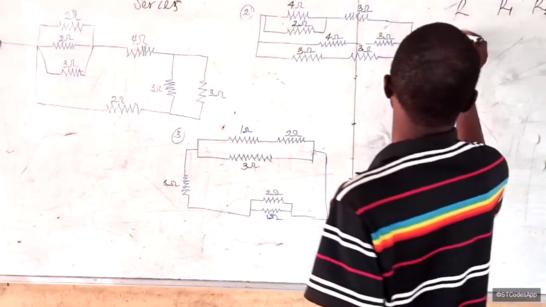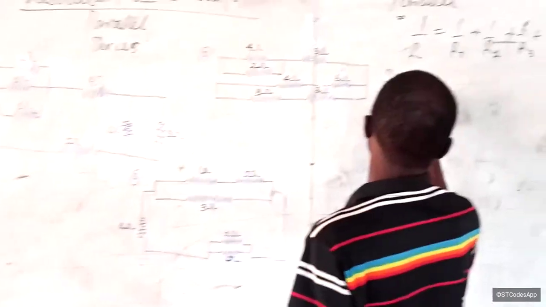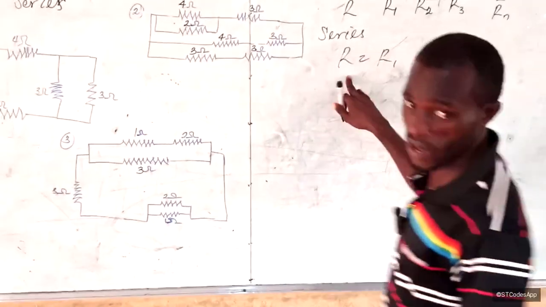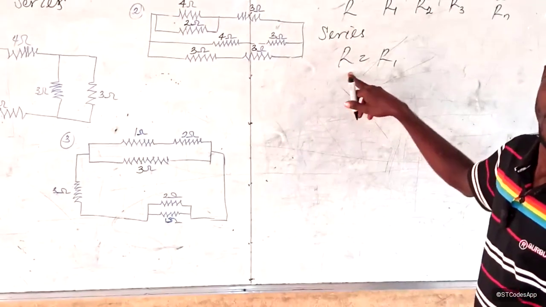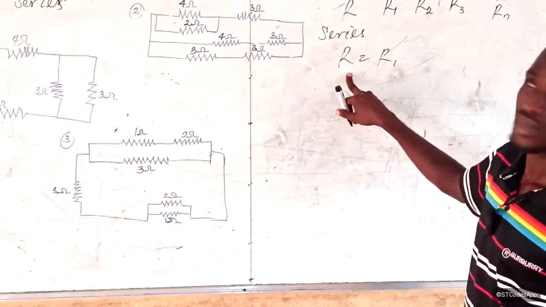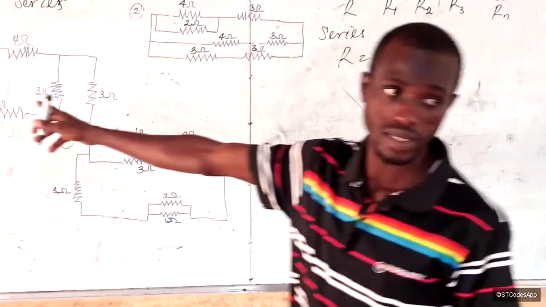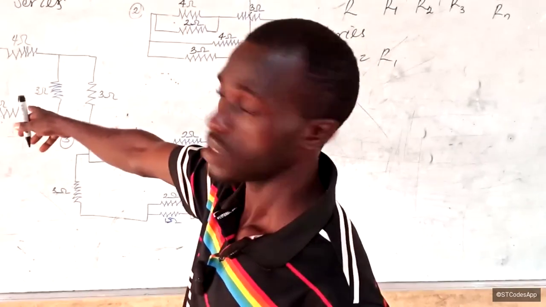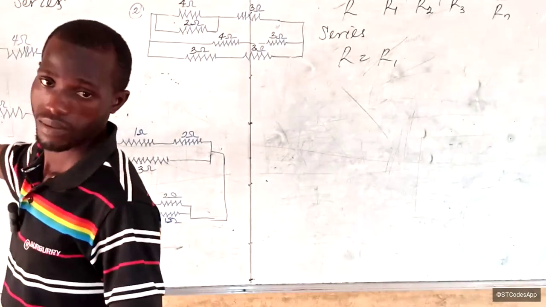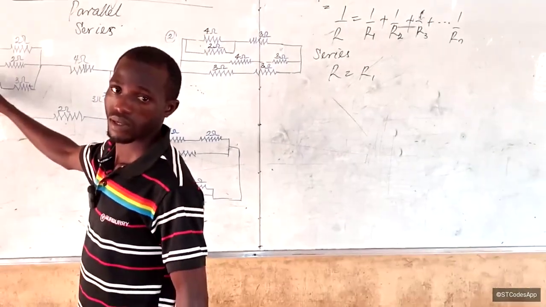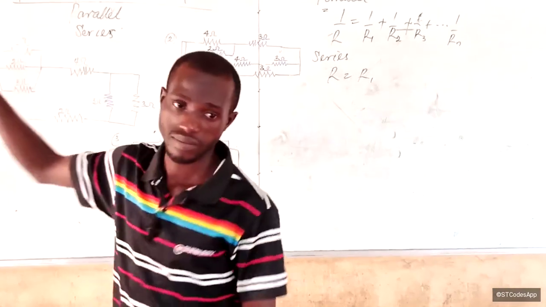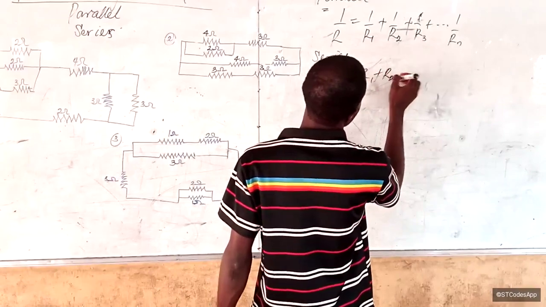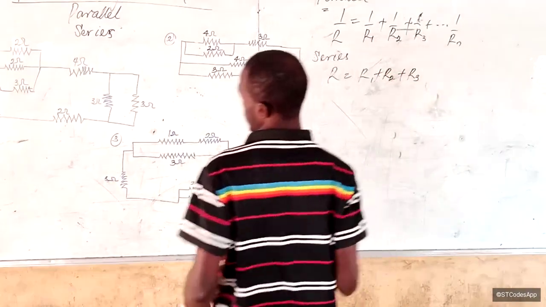While in series, R total, the equivalent resistance, is going to be R1 plus R2 plus R3, isn't it?